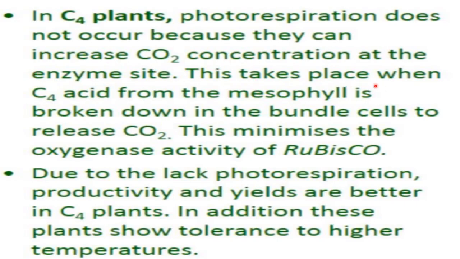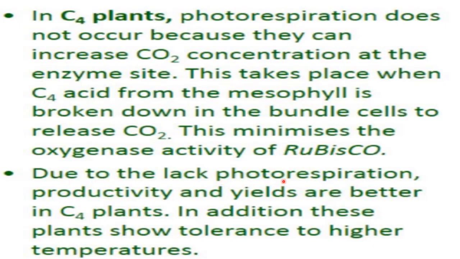This takes place when C4 acid from the mesophyll is broken down in the bundle sheath cell to release carbon dioxide. This minimizes the oxygenase activity of Rubisco. So if carbon dioxide is available to the enzyme, it will not bind with oxygen, and the oxygenase activity of this enzyme is minimized.